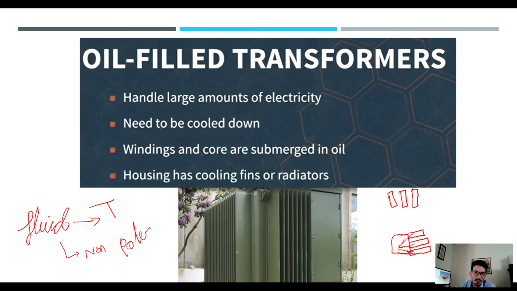So that's why you have these fins, to cool down the system. These transformers are usually placed outside because they need to be big for the fins and because of the amount of oil they use, and also for security reasons because they usually use high voltage, and because they need some special connections to operate.